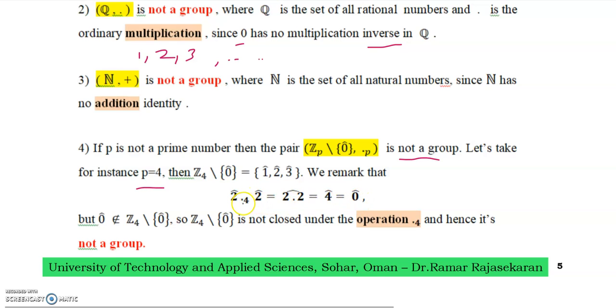If you apply the binary operation for this element 2, your answer is 0. But 0 is not in this set. It is not closed. Even it is not satisfying the closed property. What is the closed property? If you take any two numbers, apply the binary operation, the answer should be in your set, but it is not. Therefore, it is not a group.